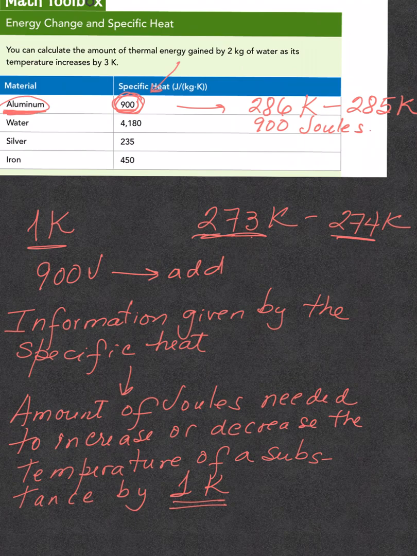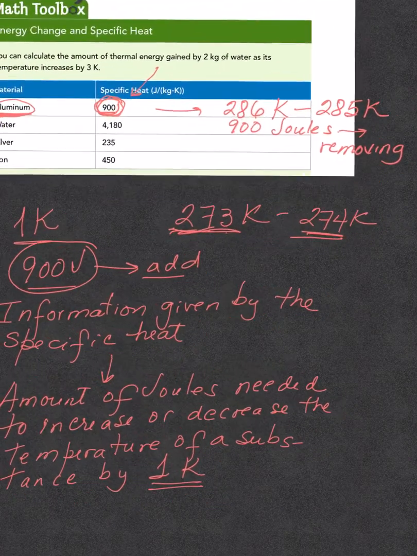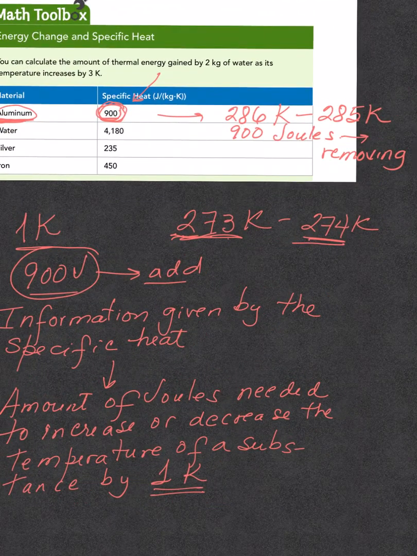See? When you are increasing the temperature, you have to add that amount of joules. When you are decreasing the temperature, you are not adding, you are removing the same amount of joules. And that's the information that you get from a specific heat.